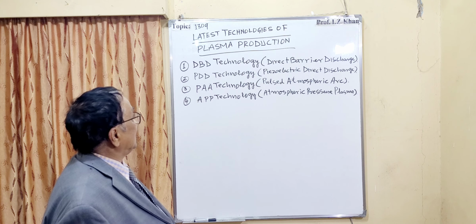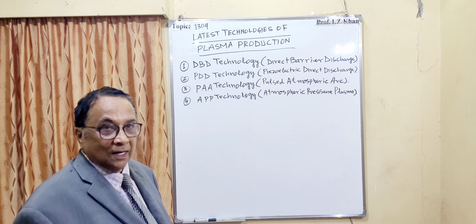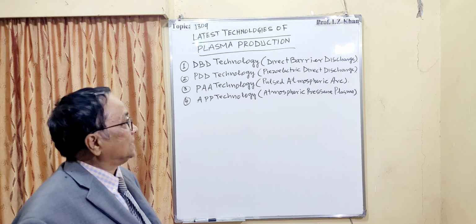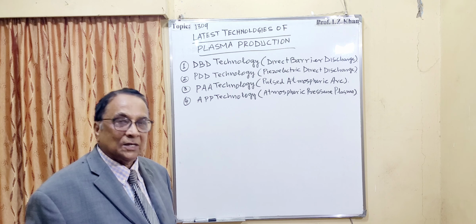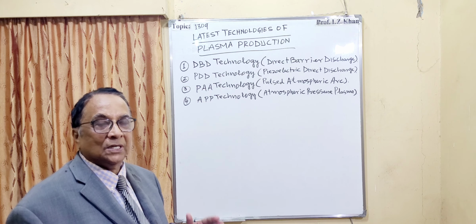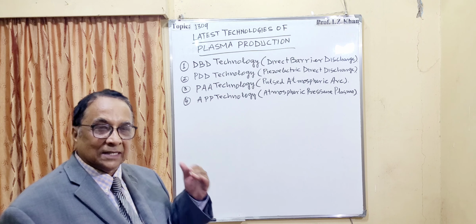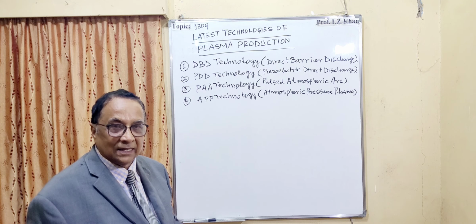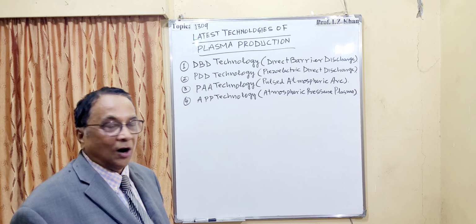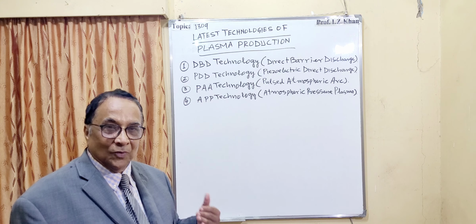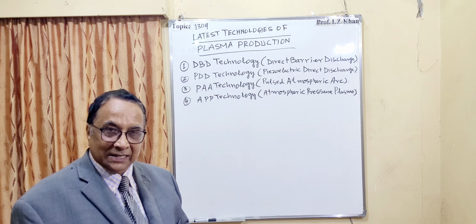First is called DBD technology. The DBD technology full form is dielectric barrier discharge. Whatever technologies they use, they need such type of energy, whether it is electrical energy, direct current, AC, DC, or the second one is piezoelectric substance, which is dielectric in nature.